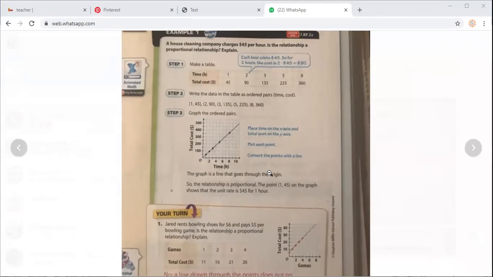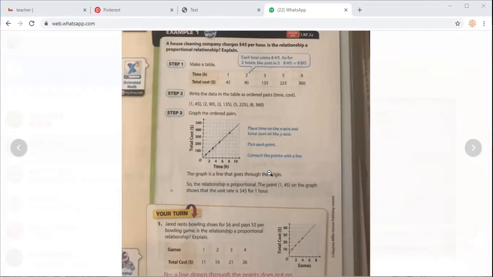It passes through 0 already? No. So will it be proportional or non-proportional? Not proportional, because it doesn't pass through 0.